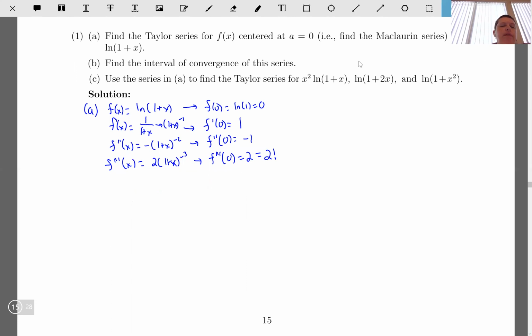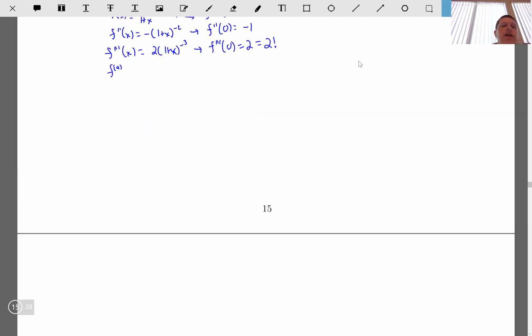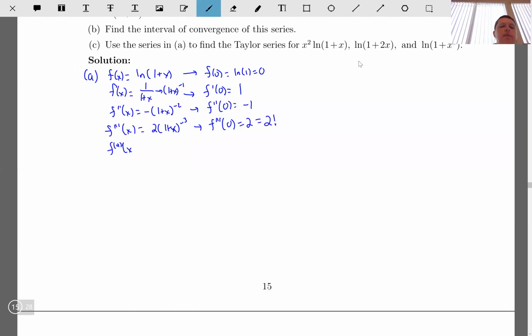The fourth derivative is going to be negative 3 times 2 times 1 plus x to the negative 4, which we can think of as negative 3 factorial times 1 plus x to the negative 4. So the fourth derivative at 0 is going to be negative 3 factorial.